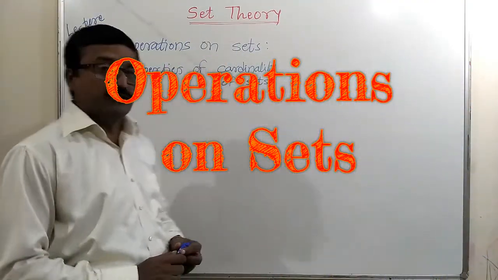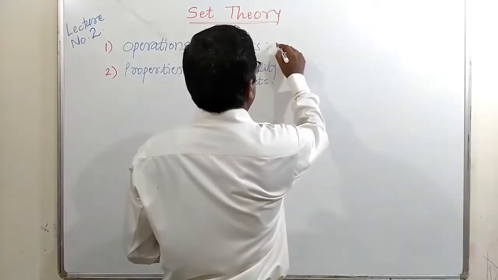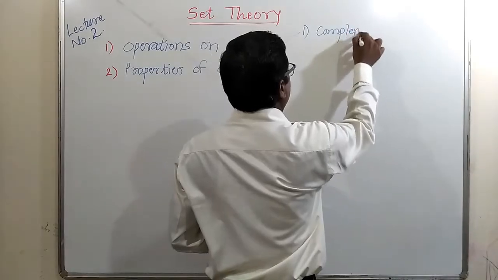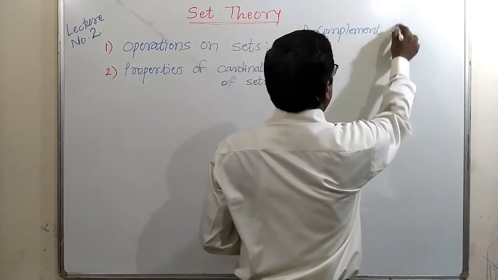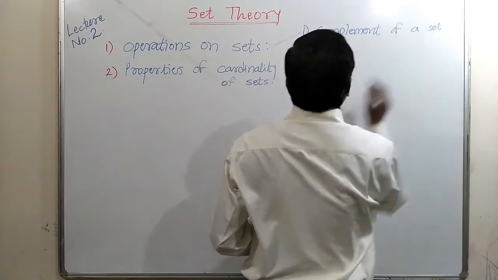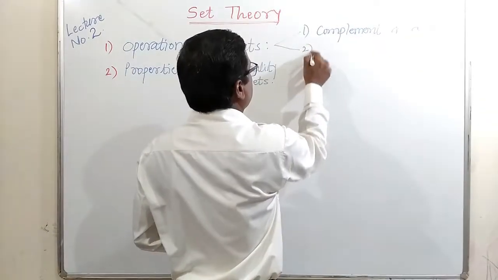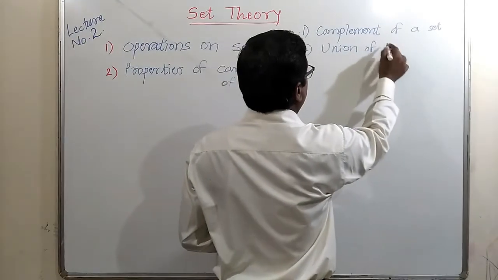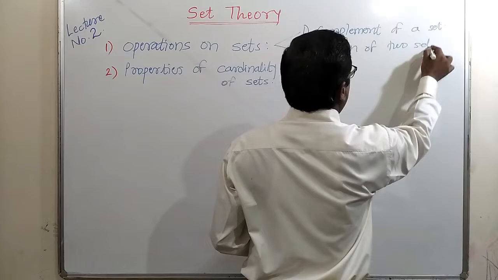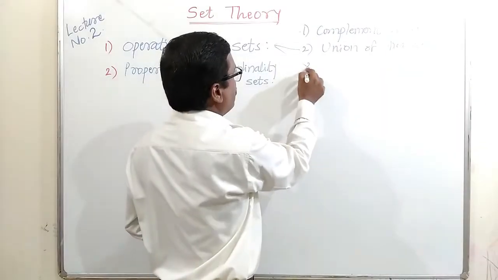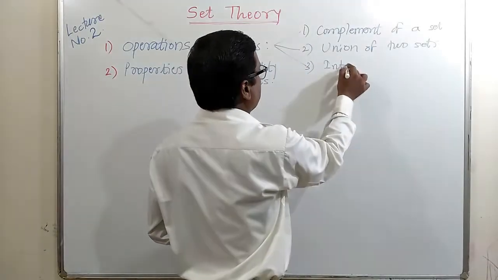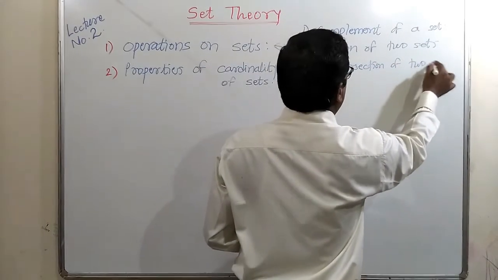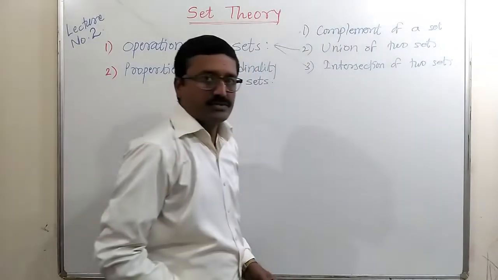Operations on sets. There are 5 types of operations on sets. First one is complement of a set. Second one is union of two sets. Third one is intersection of two sets.